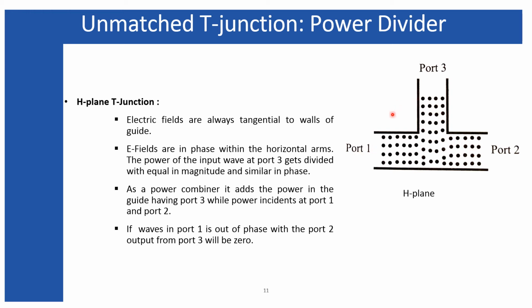And when you are using this H plane as a power coupler, then the guide associated with port 3 basically delivers the power of the summation of the power of port 1 and port 2.